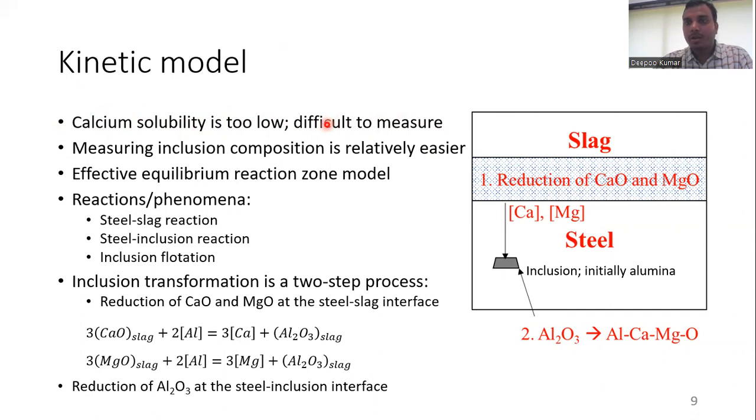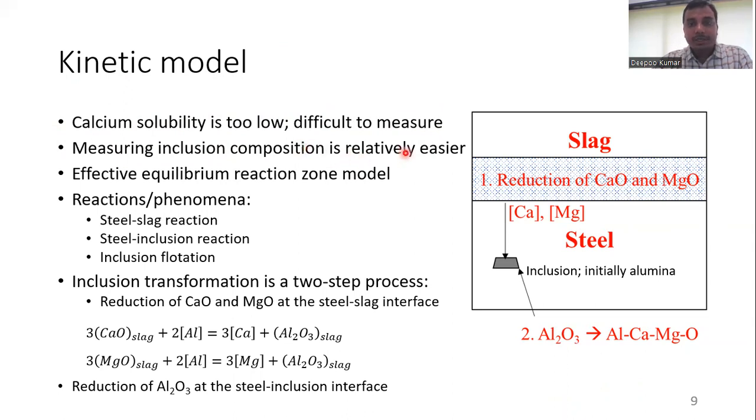And we believe that in the previous literature there could be some issue in measuring total versus dissolved calcium as well. However, measuring the inclusion composition is much easier, and nowadays with automated inclusion analysis systems, we can quantify that as well, in terms of area fraction, and that can all the way be quantified to how much calcium pickup there has been.